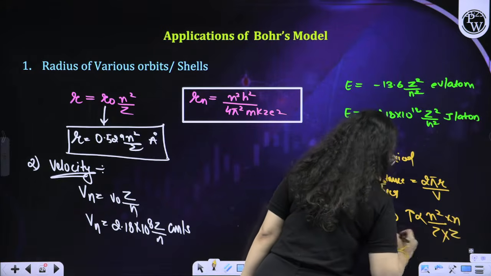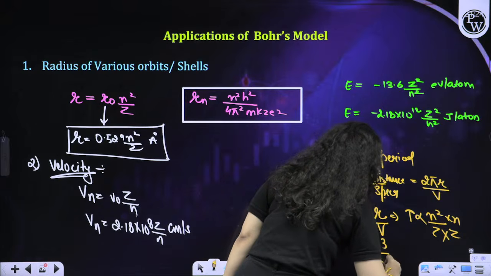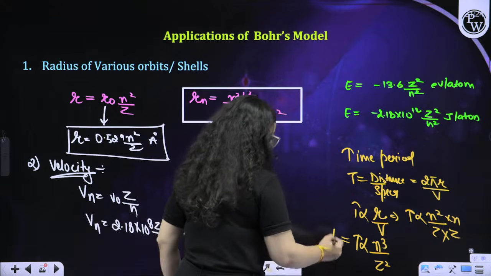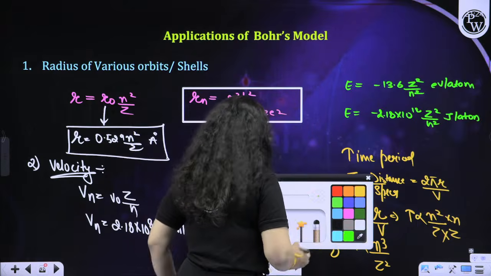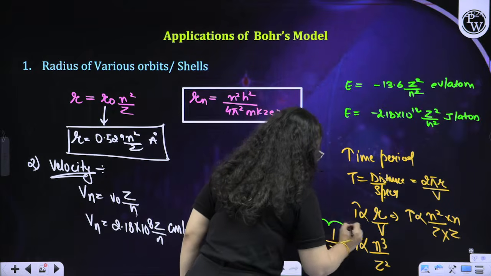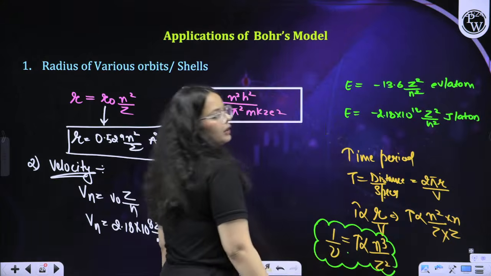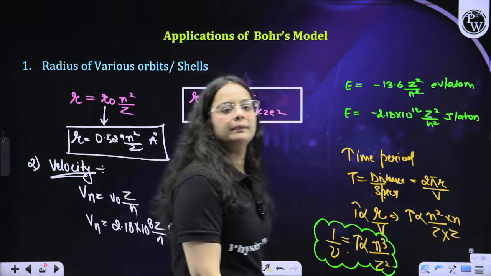So the time period is proportional to n cube by Z square. Time period is the inverse of frequency. Remember, time period is the reverse of frequency. So I can use the formula of time period or frequency depending on what is given to you.